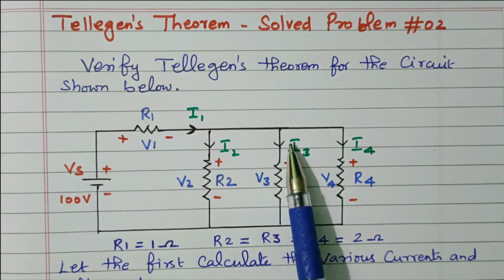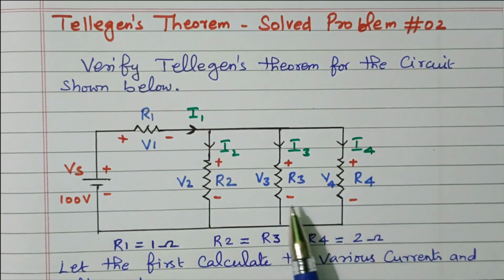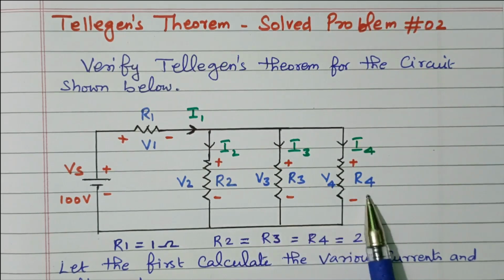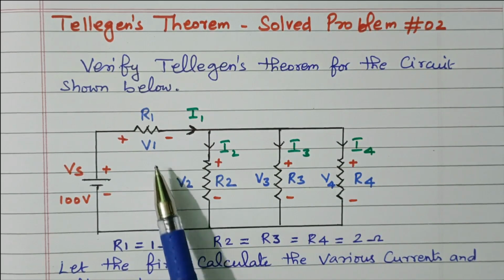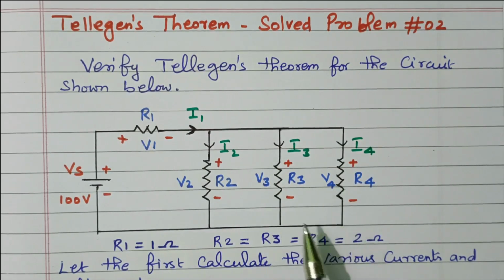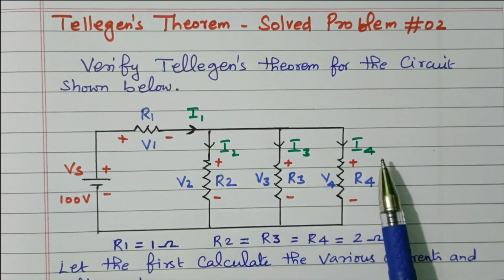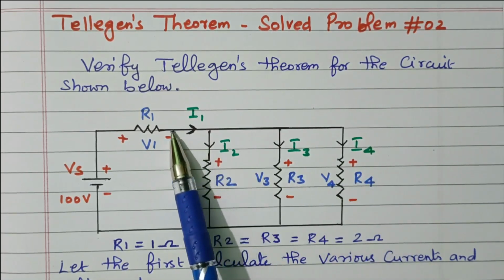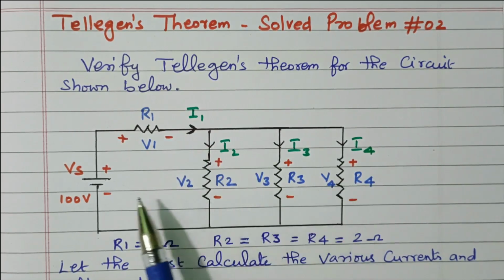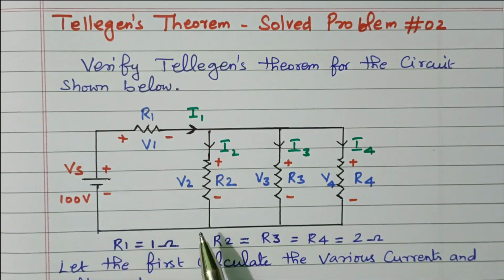Then it is split into I2, I3, I4 through the resistors R2, R3 and R4. So we need to find the values of V1, V2, V3, V4, similarly I1, I2, I3, I4. From that we need to find the voltage drop and power across the resistors, and the power delivered by the source.